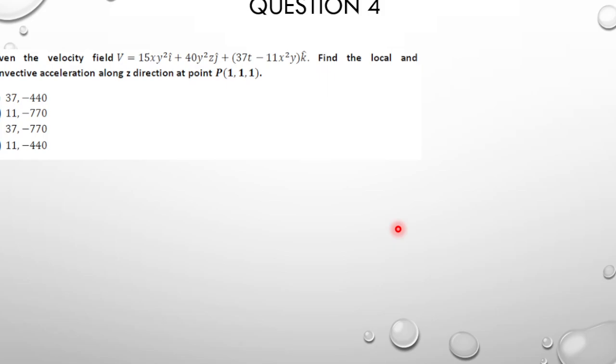Now in the basic fluid mechanics course, we have already learned about the local and the convective acceleration. So the total acceleration is denoted by capital Dv by Dt, which is called the material derivative. Now this material derivative is in fact decomposed into two parts. One is the local acceleration component, the other is the convective acceleration component.